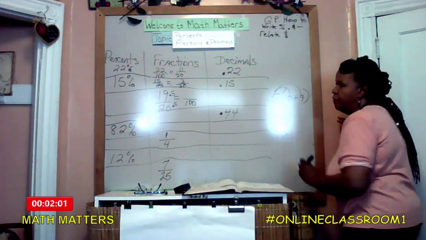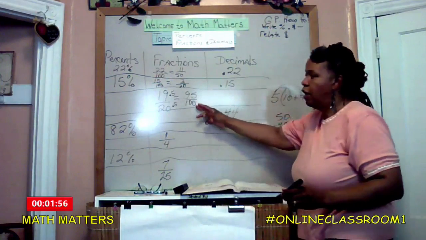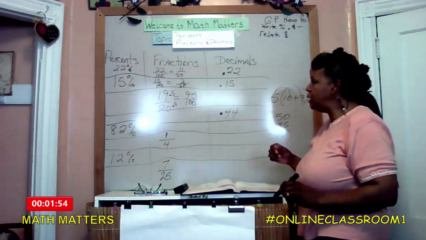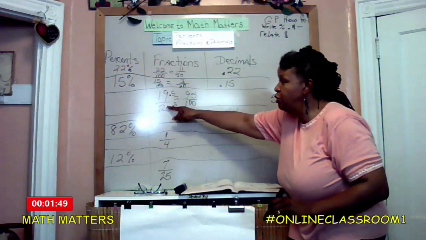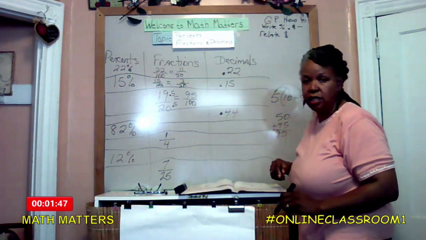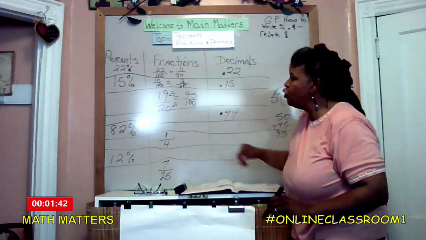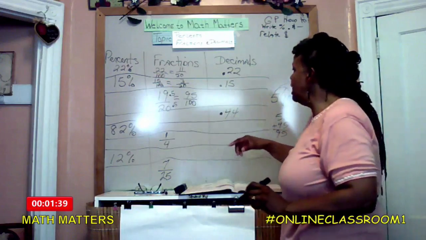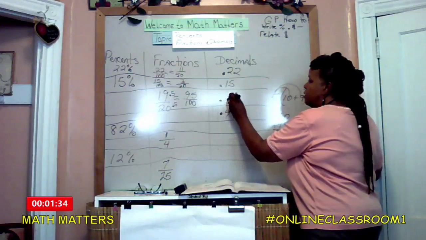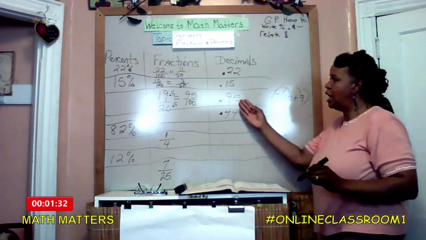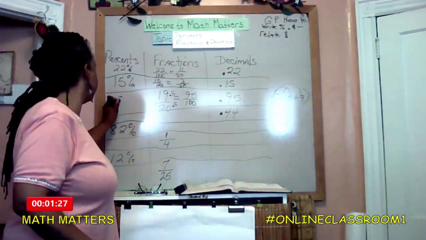That equals 95. Okay, we have 95 out of 100 as the fractional piece, which is reduced to 19 out of 20. So 19 out of 20 is actually equal to 95 out of 100 or 95 cents. Remember, it's always out of the 100, and that's also 95%.